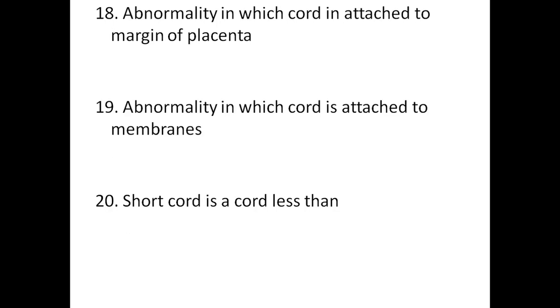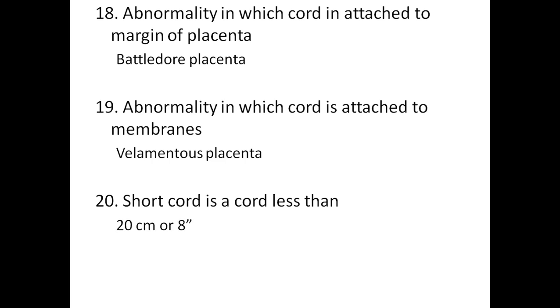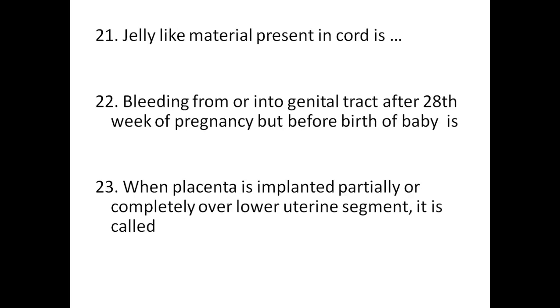Abnormality in which cord is attached to the margin of placenta is battledore placenta. Abnormality in which cord is attached to the membrane is known as velamentous placental insertion. The short cord is one in which the cord is less than 20 cm or 8 inch. Jelly-like material present in the cord is called as Wharton's jelly.